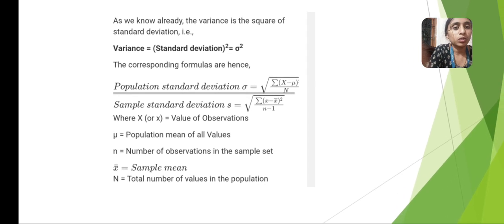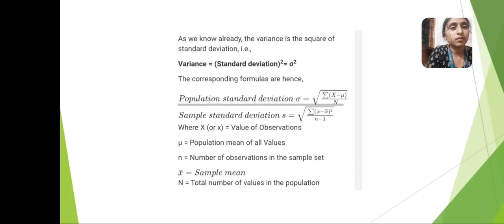So here we use this formula for population standard deviation, and variance is also known as sigma square. So standard deviation whole square is also known as variance.